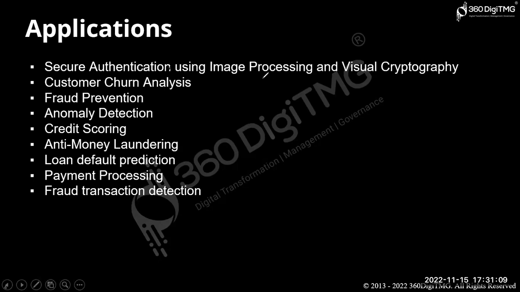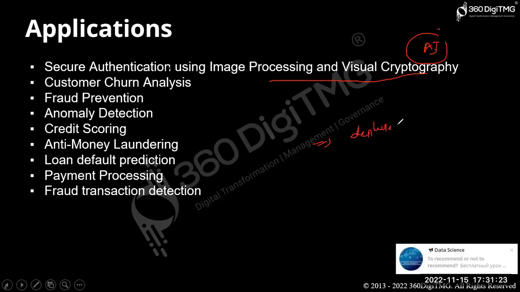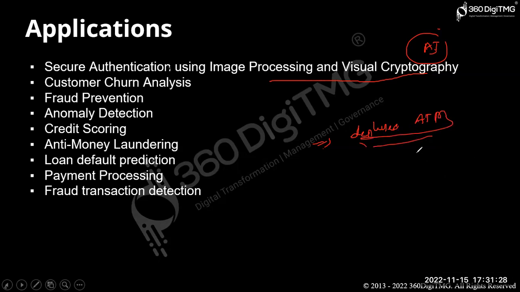Secure authentication using image processing and visual cryptography. We will be using AI to process the person. Let's say you have deployed an ATM at one particular place. If you want to give access to only one person, even though you have given out the credit card, you don't want other persons holding that credit card to withdraw money.